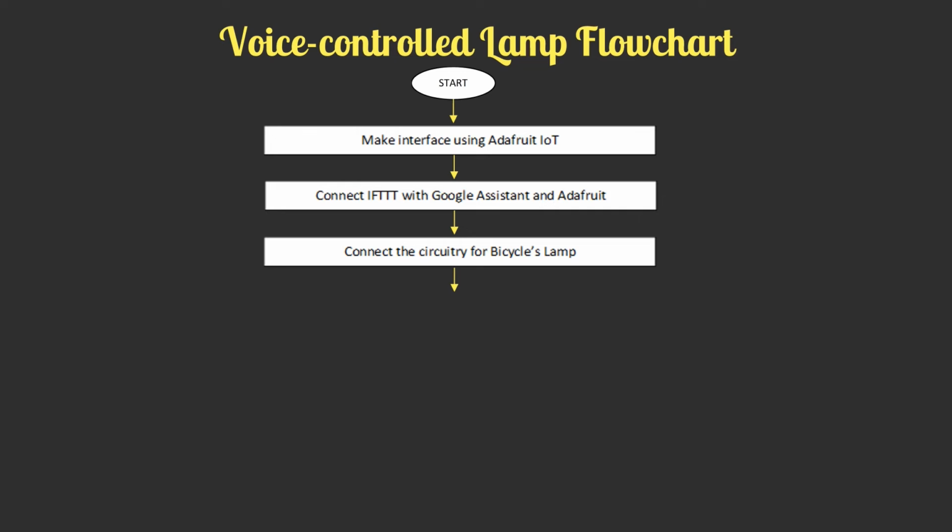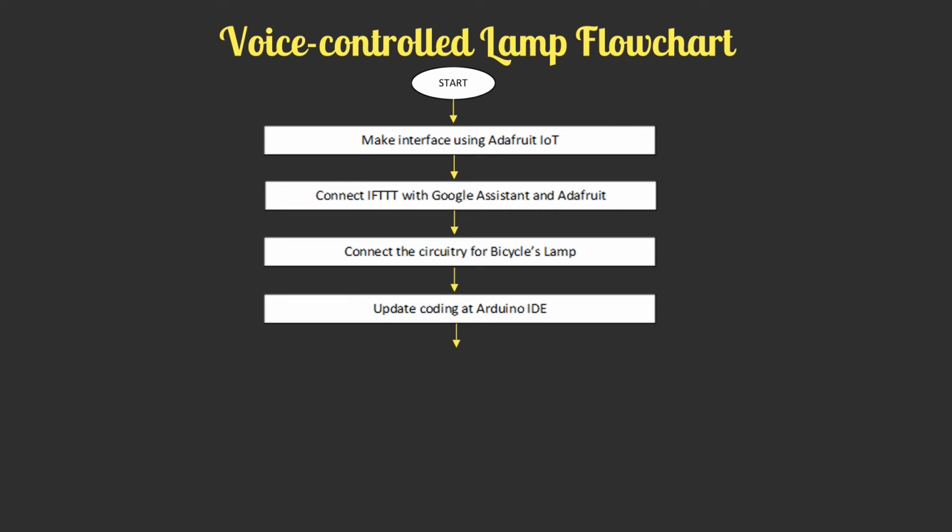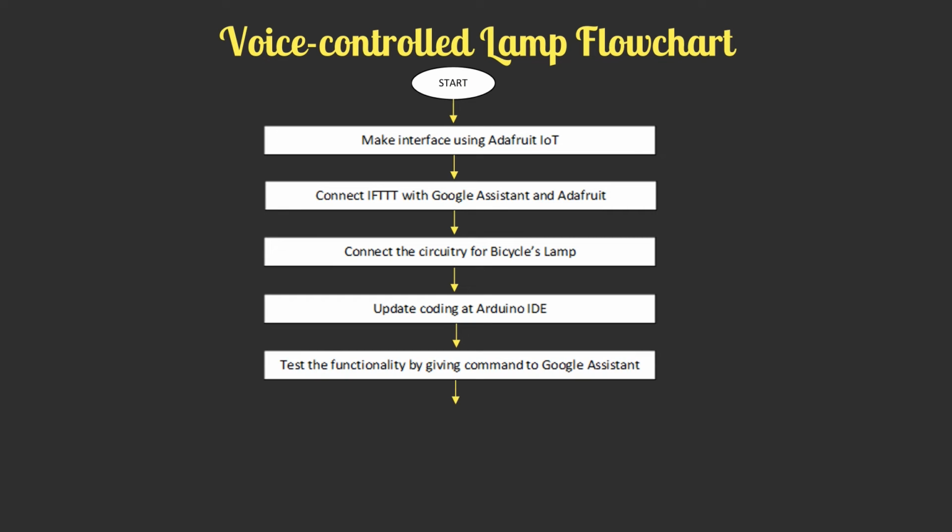Then put the key ID of Adafruit as well as change the ID and password of Wi-Fi in the coding. The coding needs to be verified and uploaded to the Node MCU. Finally, this functionality can be tested by giving a command to Google Assistant, for example, turn on LED, and the LED will turn on, and vice versa. If the LED does not function accordingly, the process needs to be checked again and redone.